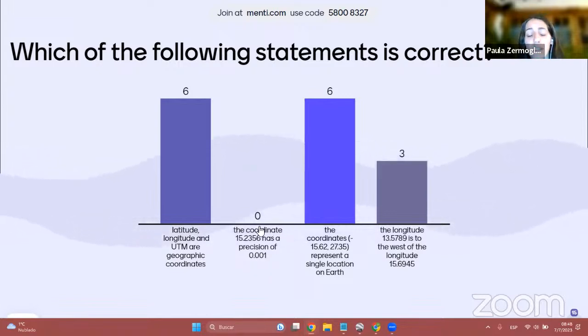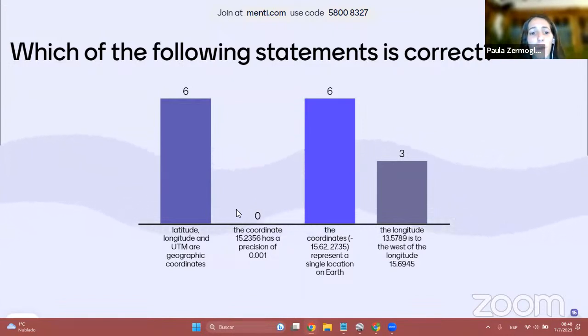This is correct. This coordinate has a precision that is missing a 0 here. So it's 4 decimal places. So it is true. This statement is not correct as it stands. So you've answered correctly in this sense. So point to all of you.